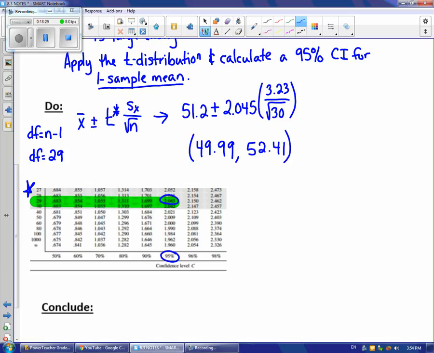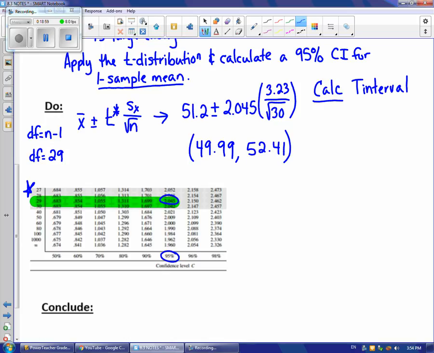If you are doing this in the calculator, the test you would want to run would be a t interval for one sample, and that would give you the same result as if you did it by hand.